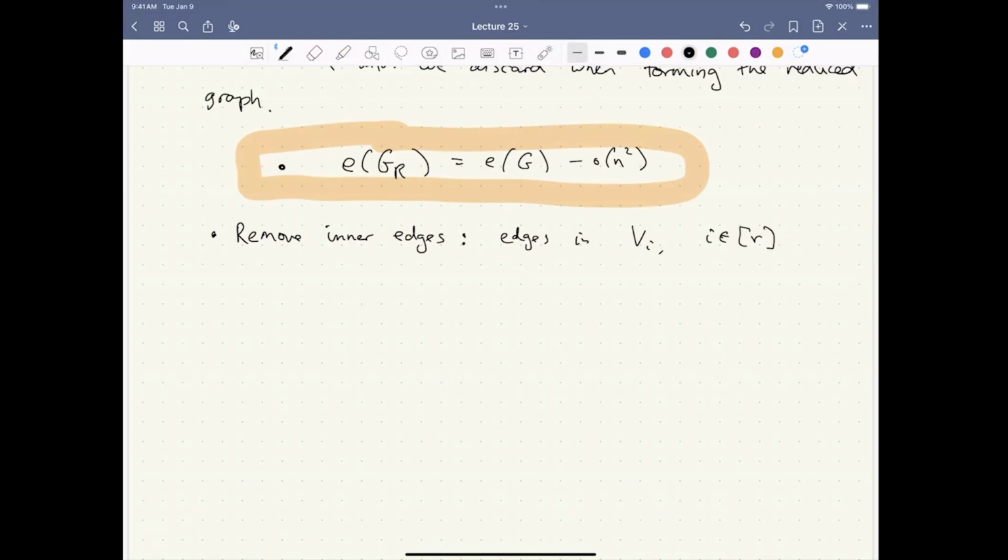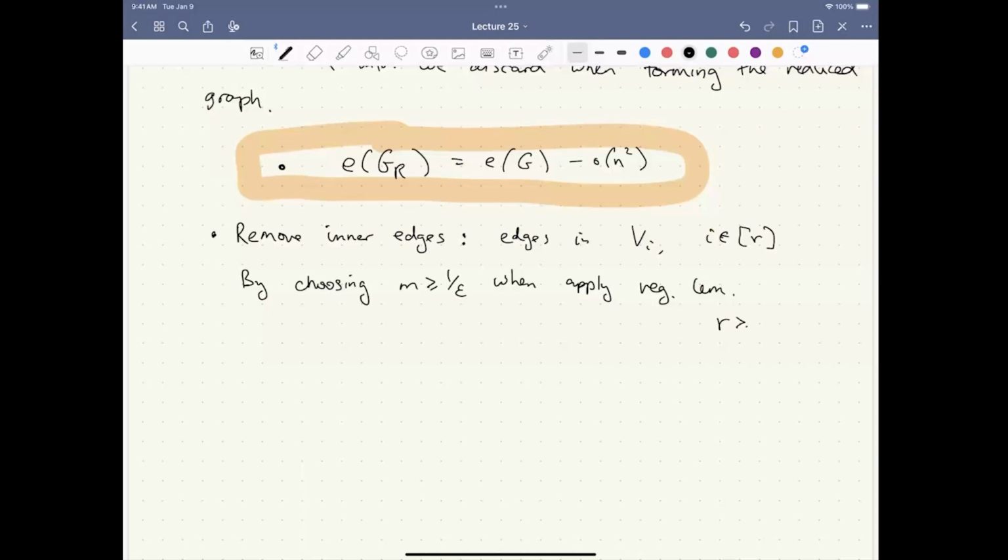Each V_i differs in size by at most one. By choosing M at least 1 over epsilon when applying the regularity lemma, we know that the number of edges inside each part is negligible.